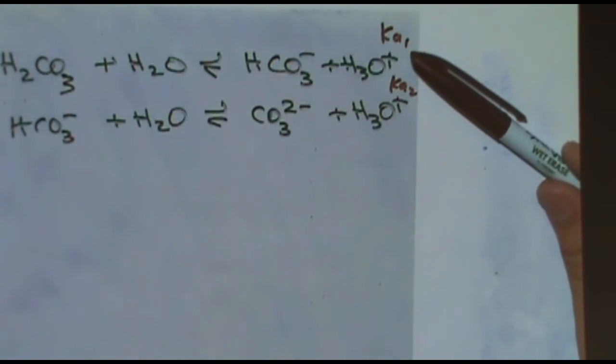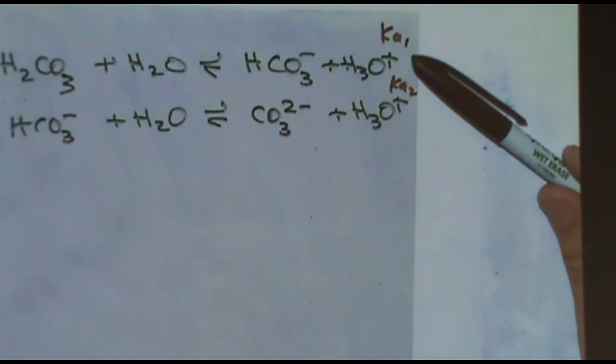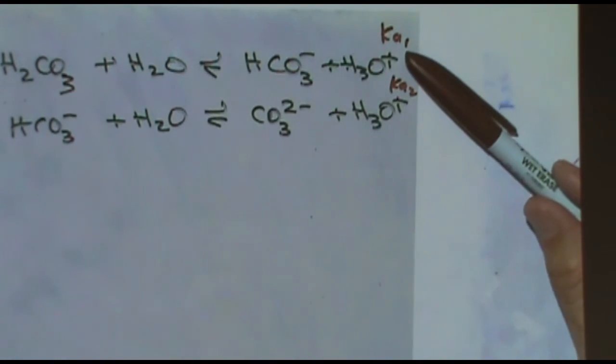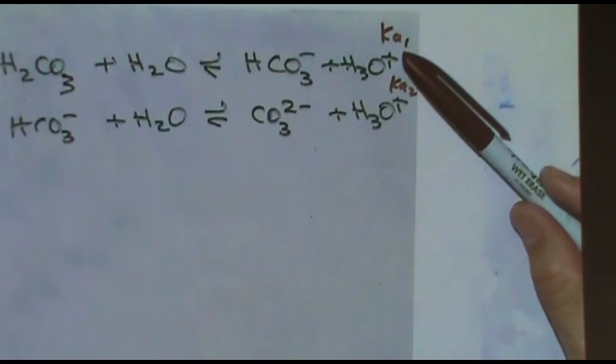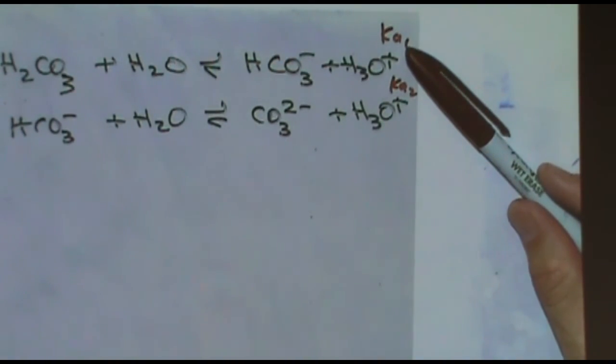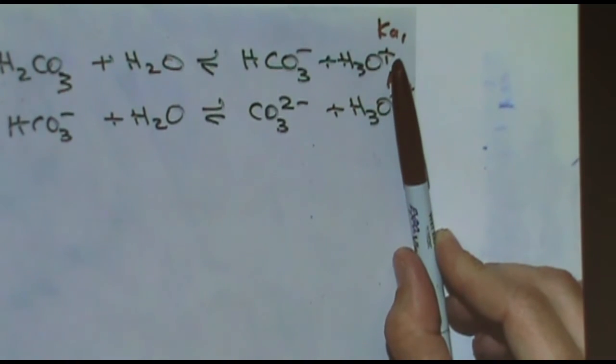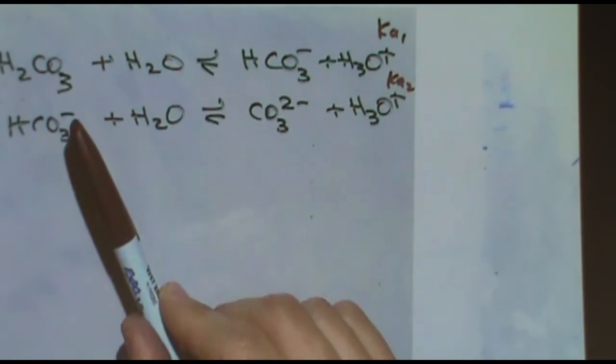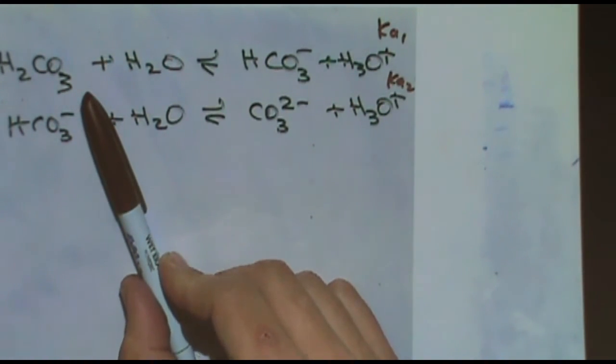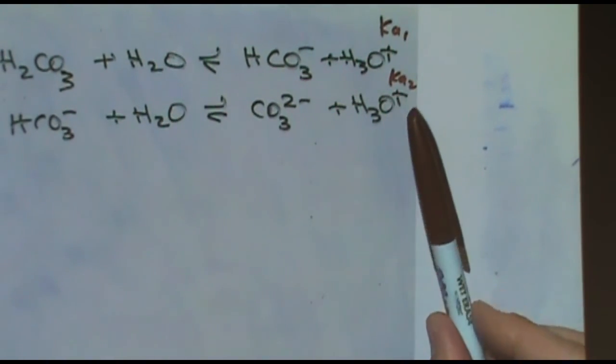How do I know that this is not a large number in the general scheme of things? It's weak. Because this is weak, Ka1 is going to be smaller than 1, and so the reactants are favored. But the second one is even less favored.